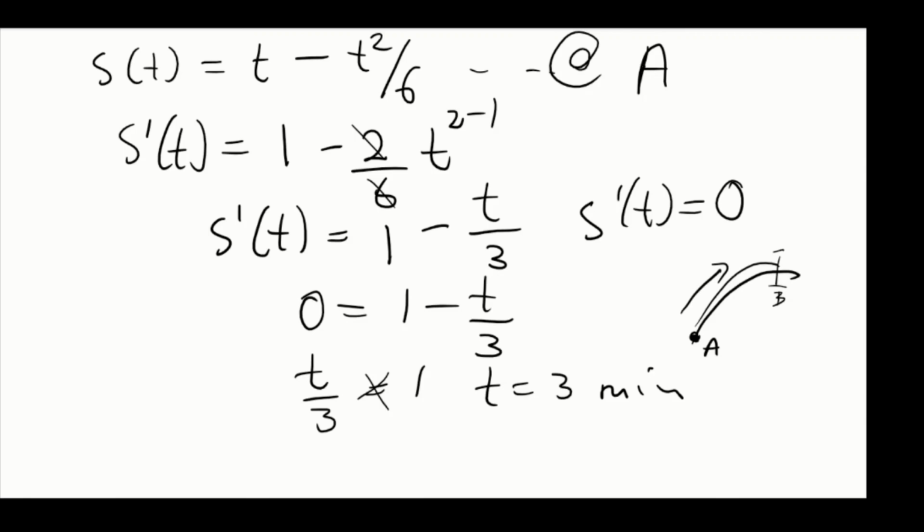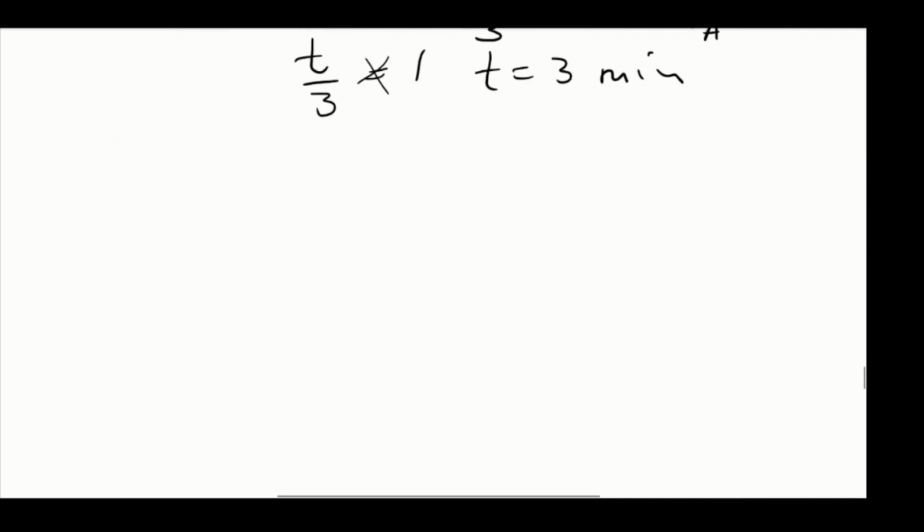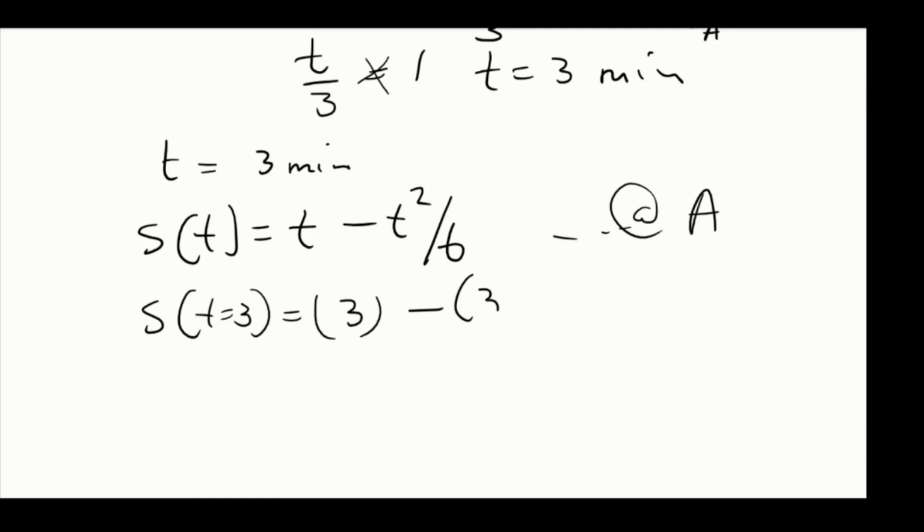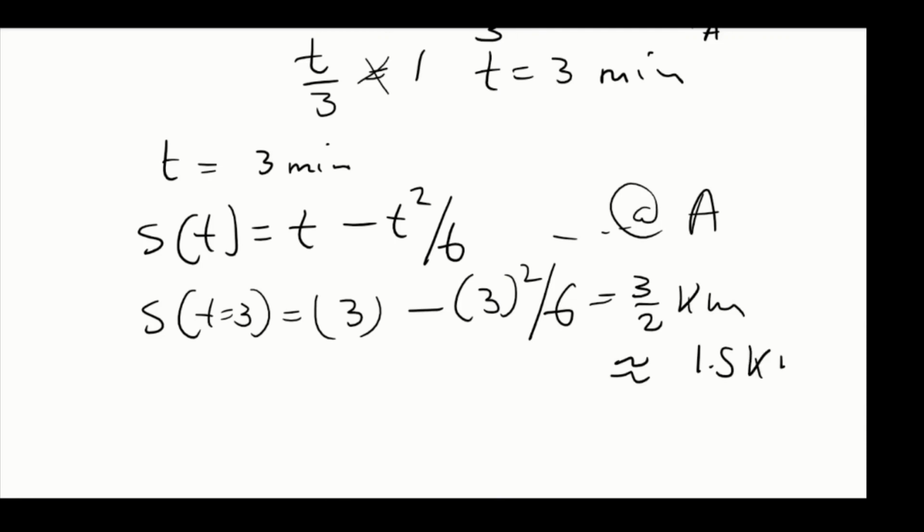We substitute t = 3 minutes into the original equation, the one that determines the position of the bus at A. So we have 3 minus 3 squared over 6, right? And the distance I'm getting is 3/2 kilometers, which is 1.5 kilometers.